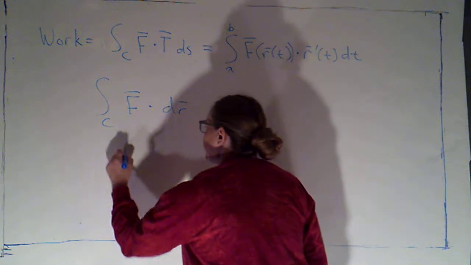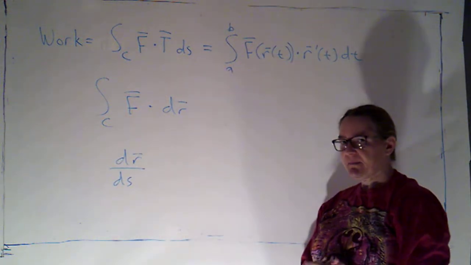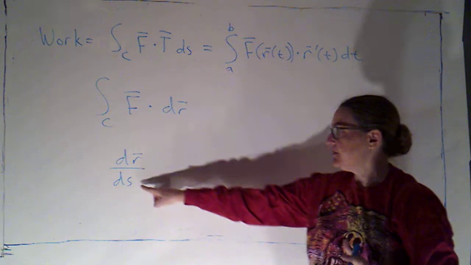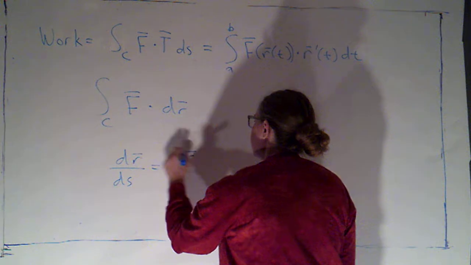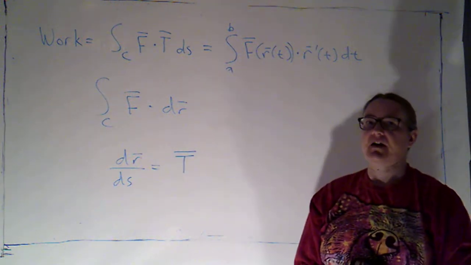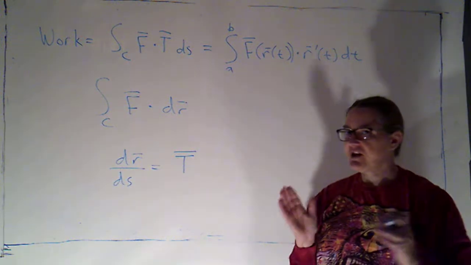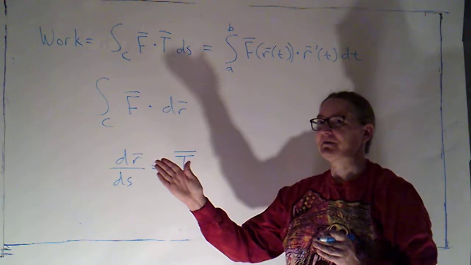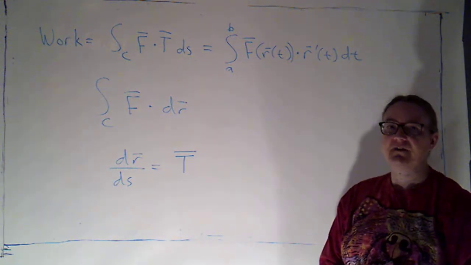If you remember, when we take the derivative of a curve with respect to arc length, which is what s is here, we get the unit tangent vector. If we're using an arc length parameterization, that doesn't change the direction of the derivative, but it ensures that the derivative will always be a unit tangent vector.